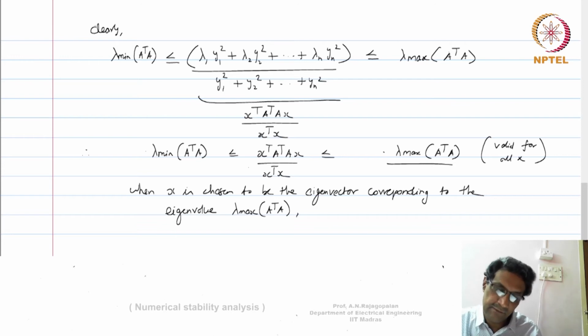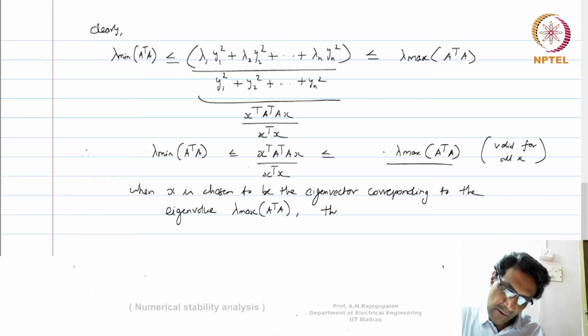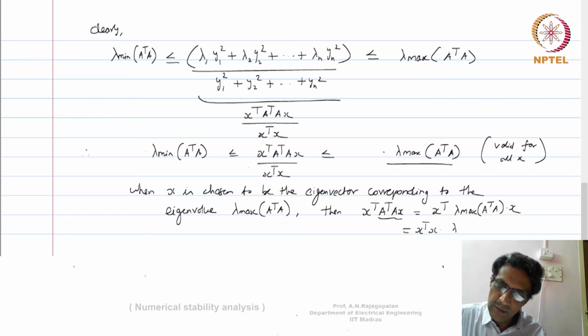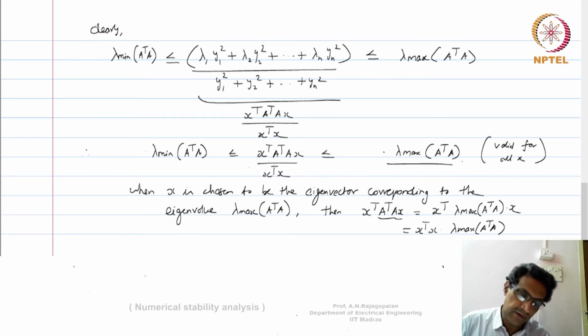Therefore, let me choose X to be the eigenvector corresponding to the maximum eigenvalue, that is lambda max of A transpose A. Then X transpose A transpose AX becomes equal to X transpose lambda max of A transpose A into X, which is equal to X transpose X into lambda max of A transpose A, and this X transpose X will knock off the X transpose X, and you'll get lambda max of A transpose A as an equality, correct?